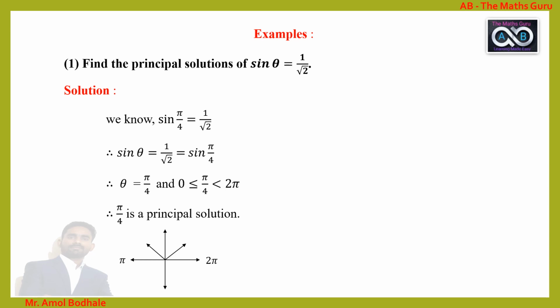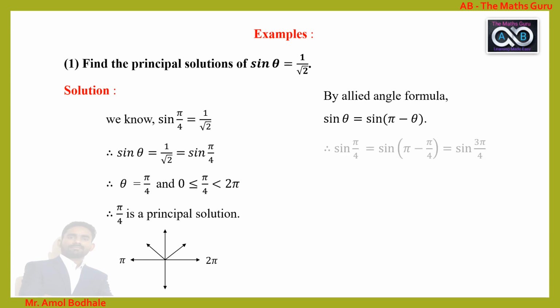To calculate the other solution, we can use the allied angle formula, that is sine theta equal to sine of pi minus theta. Here theta is lying in the second quadrant, so we can say this angle is pi minus theta. So we get sine theta equal to sine of pi minus theta. So therefore sine of pi by 4 can be written as sine of pi minus pi by 4, that is equal to sine 3 pi by 4.